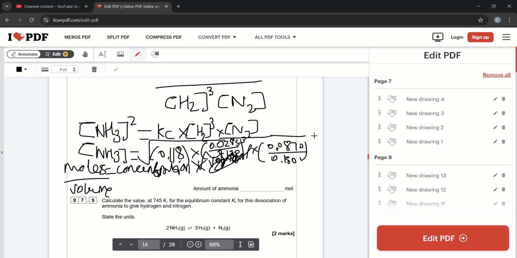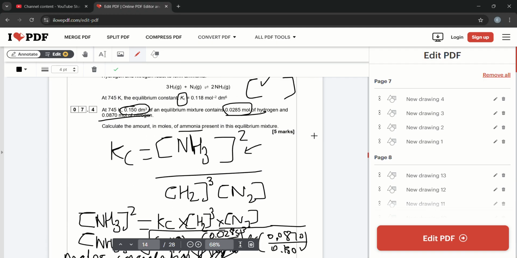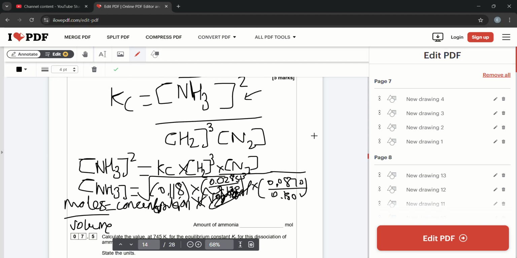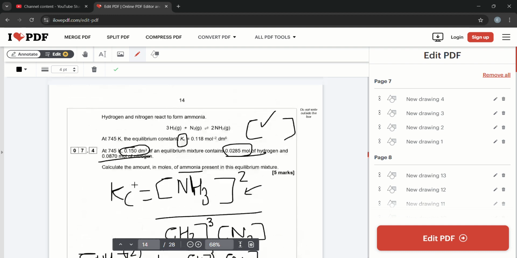That's obviously square rooted, because we have ammonia squared and want just ammonia.